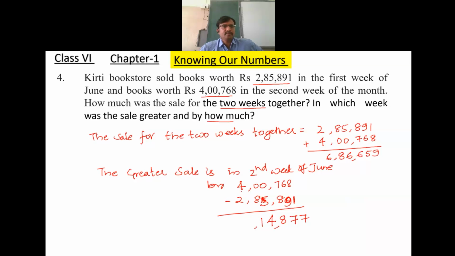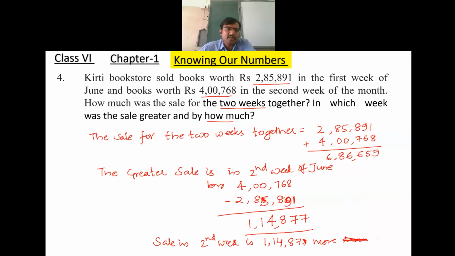Here 3 minus 2 will be 1. So it is 1,14,877. So the sale in second week is 1,14,877 more than sale in first week.